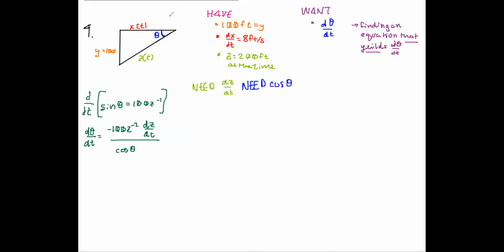That's true, but the thing is, we don't want to do that, right? I'm trying to get this down to a number. Introducing more variables into this mix right now is not something I want to do, because I don't know yet what x of t and z of t are. All I know is how x of t is changing. That's something I haven't used yet.